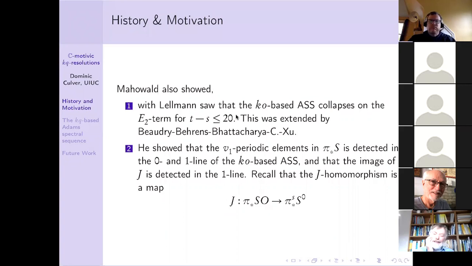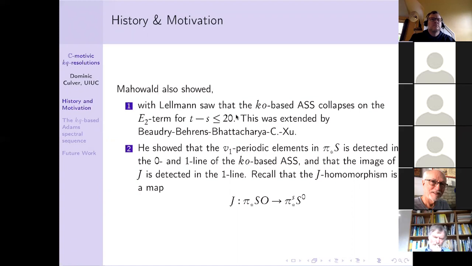And then the other thing that he did is he showed that the v1 periodic elements in pi star of the stable homotopy groups of the sphere are actually detected in the 0 and the 1 line of the KO-based Adams spectral sequence. So you can also use it to effectively calculate the v1 periodic homotopy. Recall that this is what the J homomorphism is.